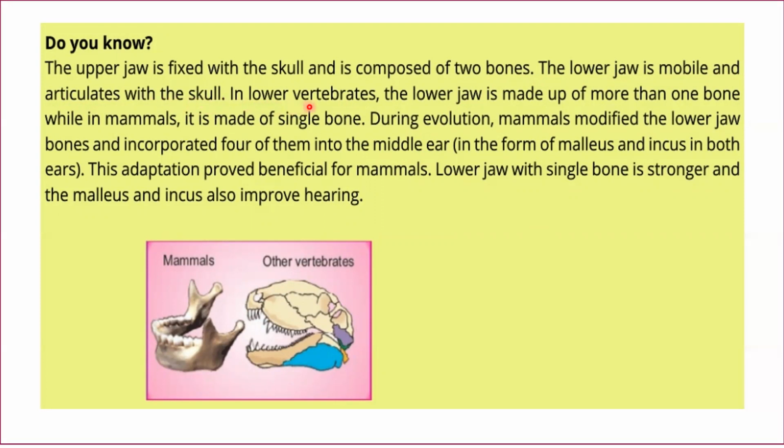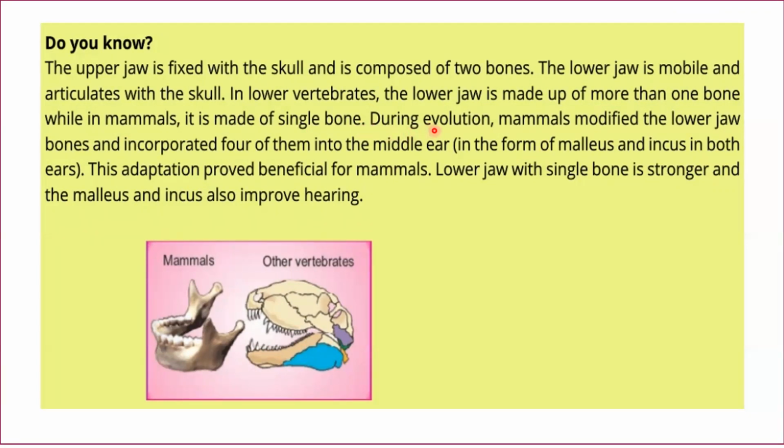In lower vertebrates, the lower jaw is made up of more than 1 bone, while in mammals it is made up of only a single bone.